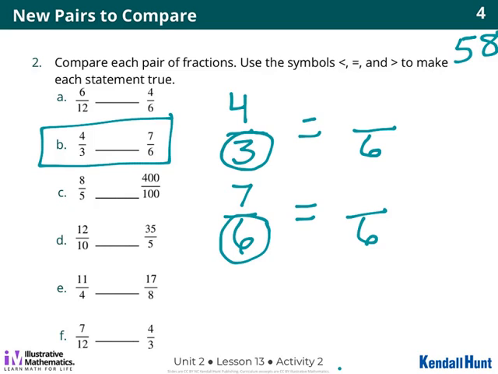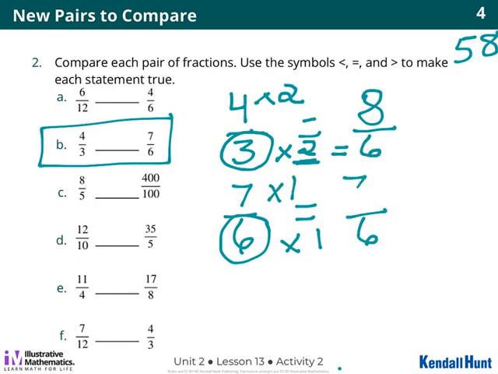And then we're going to start here and say, okay, 3 times what number is 6? 3 times 2 is 6, right? So what you do to the bottom, you do to the top. What is 4 times 2? 8. And then our bottom fraction, 6 times what number is 6? 1. What you do to the bottom, you do to the top. What's 7 times 1? 7.